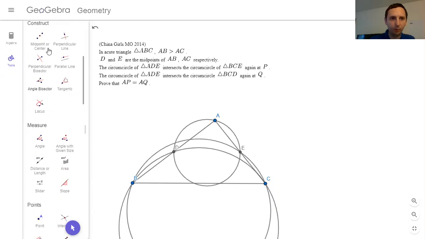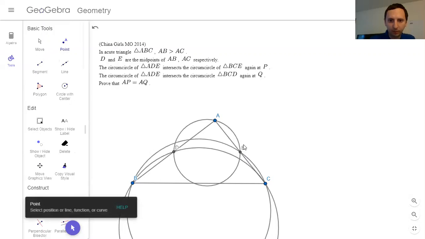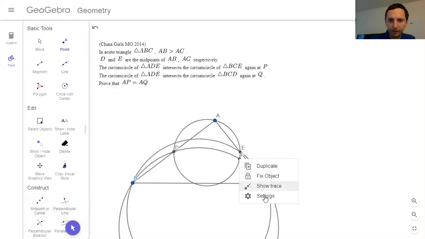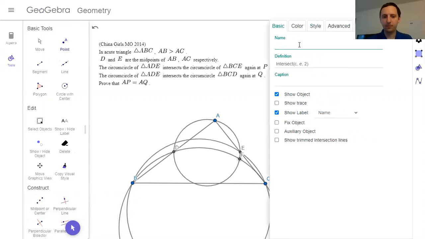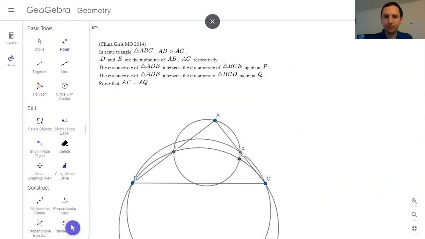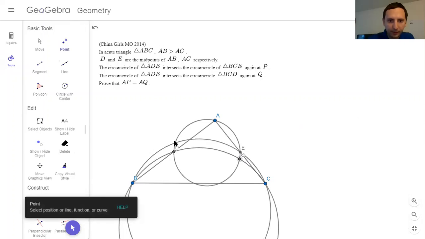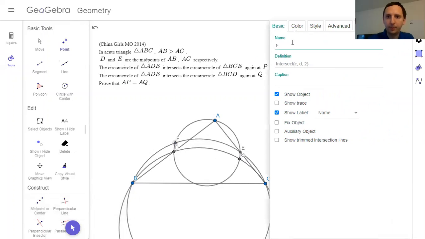So P and Q. The circumcircle of BCD intersects it at Q, and the intersection point with BC is P, and we want to show that AP equals AQ.